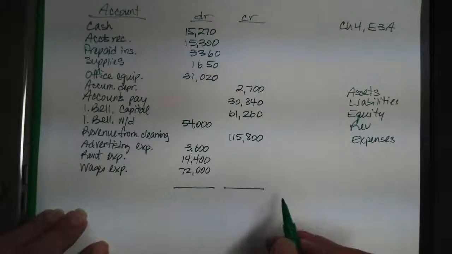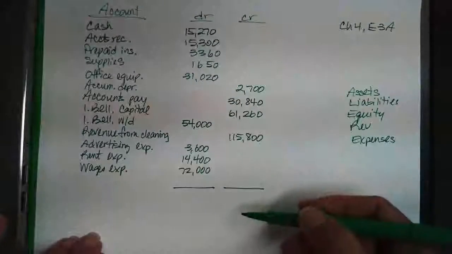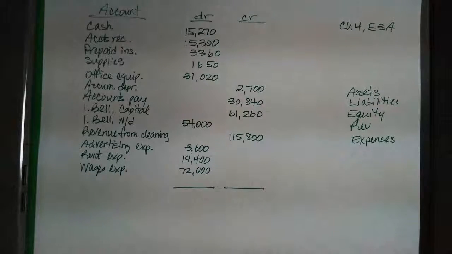Let me get the solution. If we've done this right, this thing is going to balance. The debits and the credits will be the same amount. Let's get a check figure.